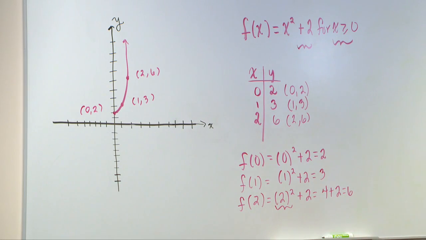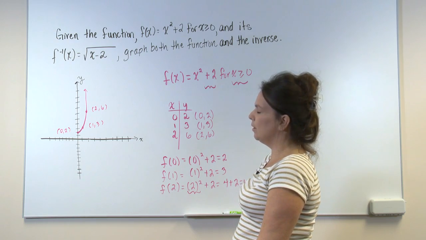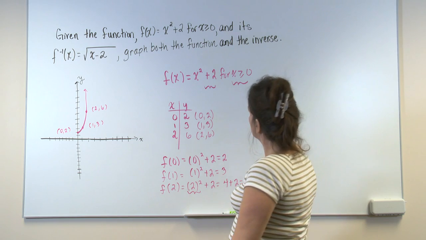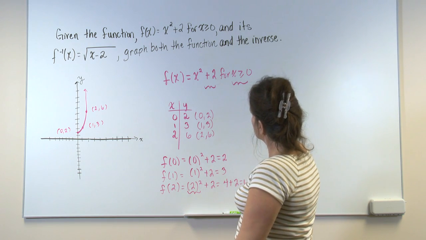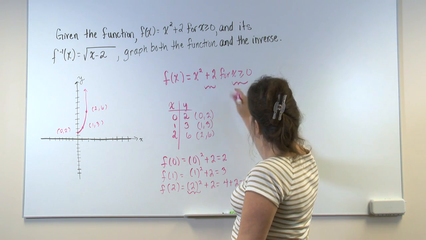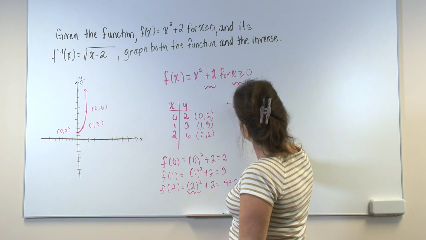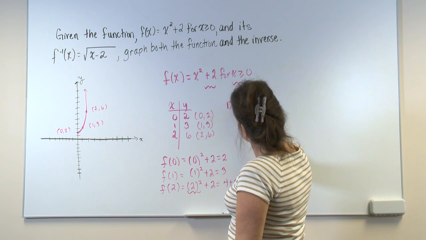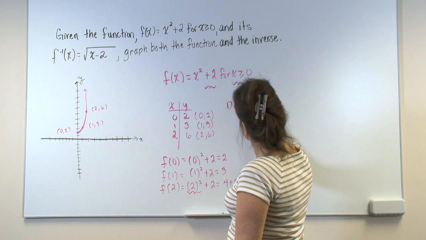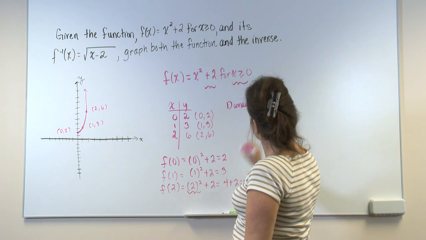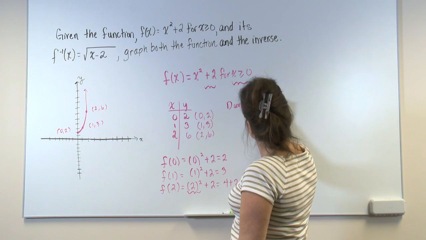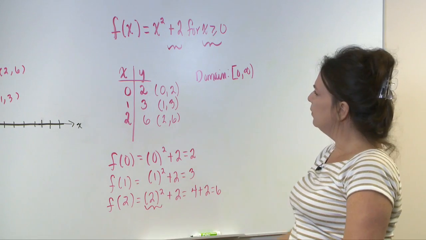And now I want to talk about the domain and range of the graph that I just plotted. So the domain, as I mentioned earlier, we only had the values of x greater than or equal to 0. So the domain is all values from 0 to infinity.